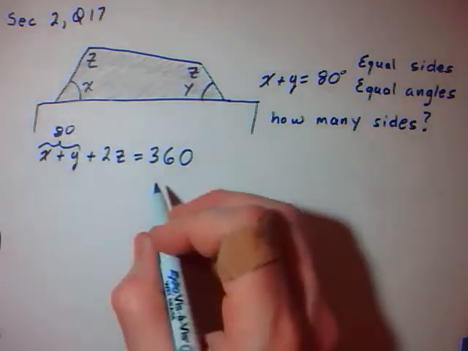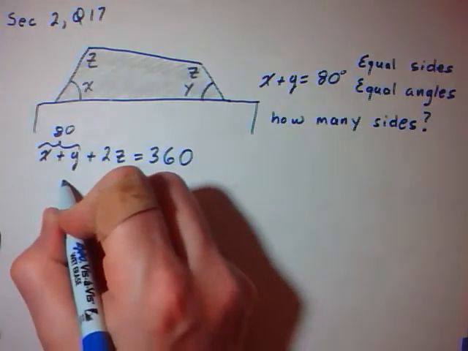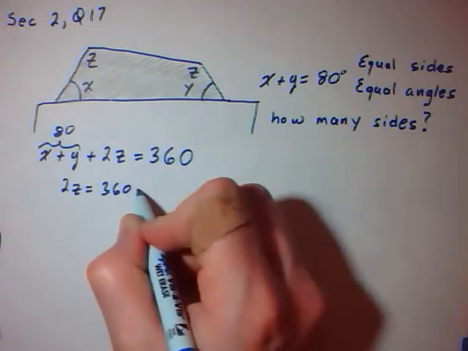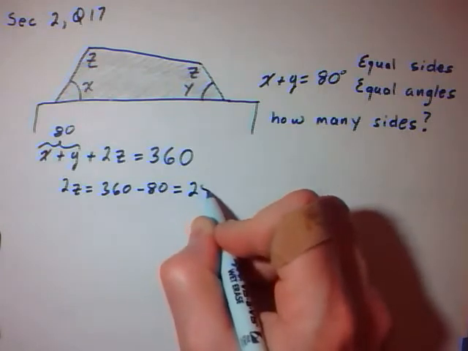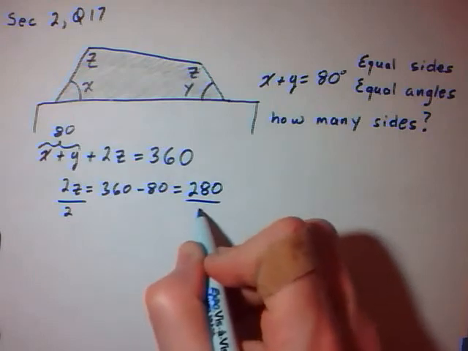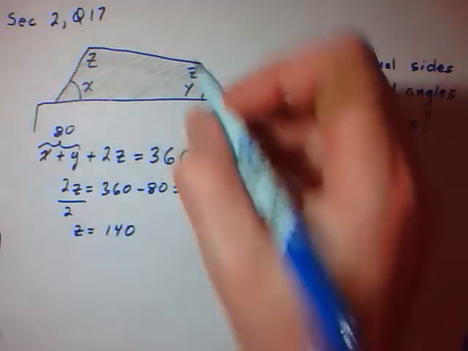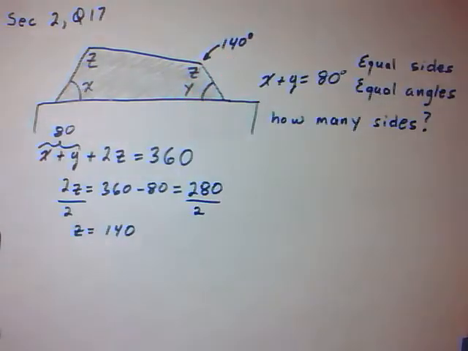So that allows us to get that 2Z is equal to 360 minus 80, which is equal to 280. Dividing both sides by 2 gives us that Z equals 140. So we're able to get now that the angle is 140 degrees.